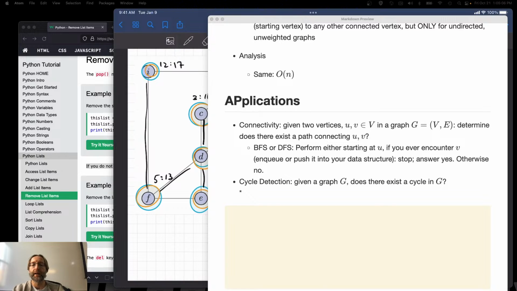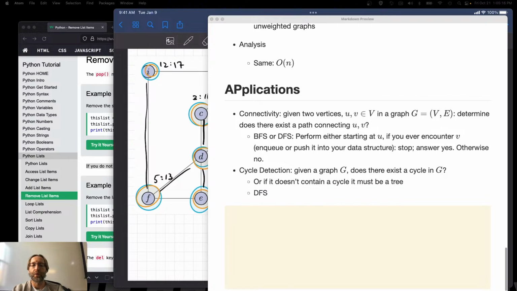It must be a, what do we call those things? Acyclic graphs? Tree, right? So how could you do this? DFS or BFS. If there are no back, forward, or cross edges, then it must be a tree.